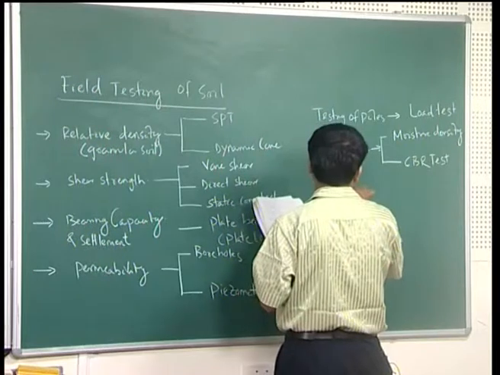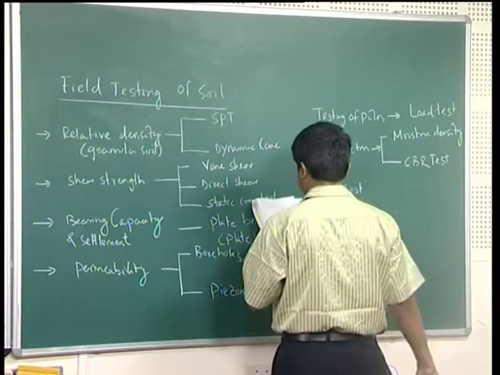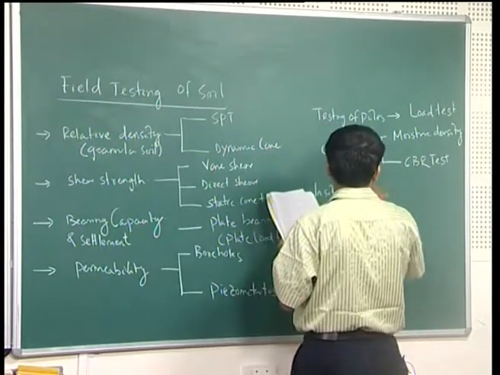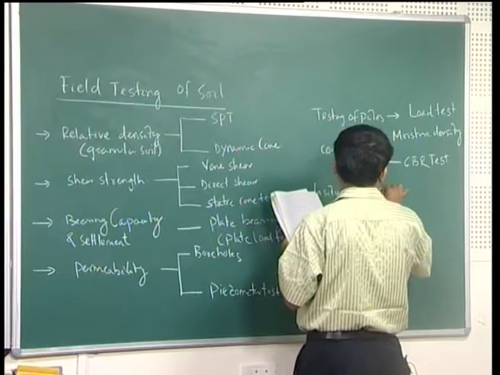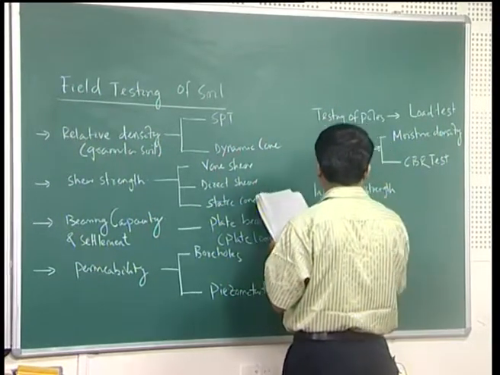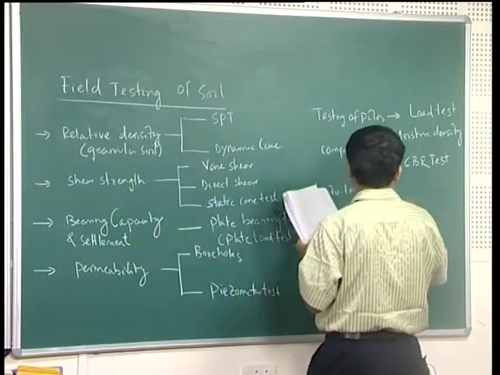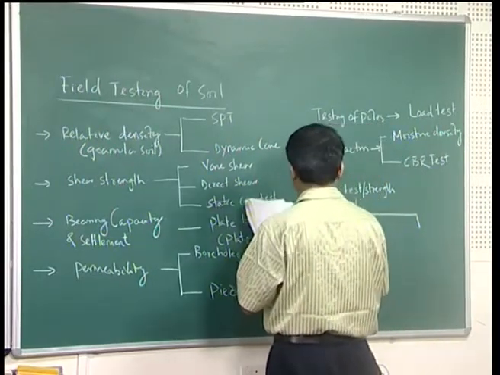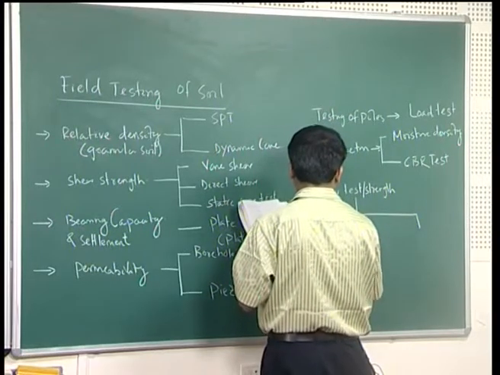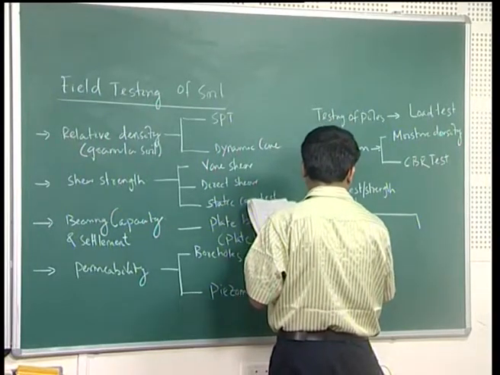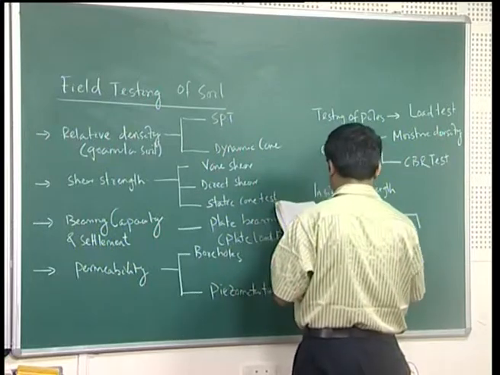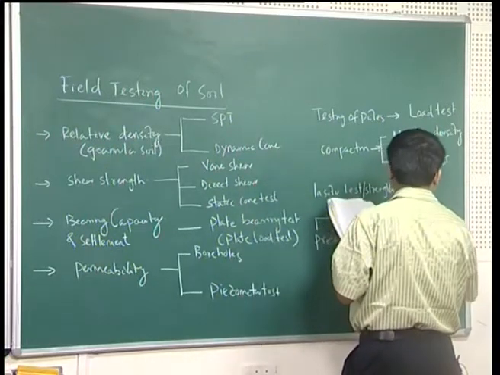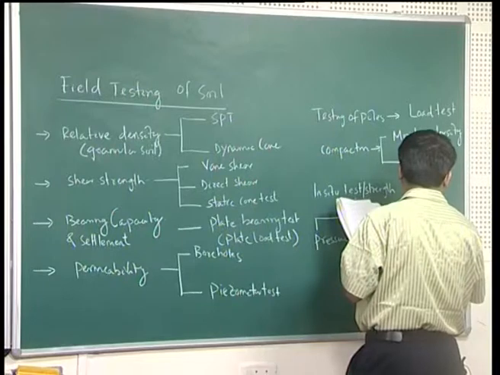In situ test, or strength, it has two. One is your pressure meter, other is your dilatometer.